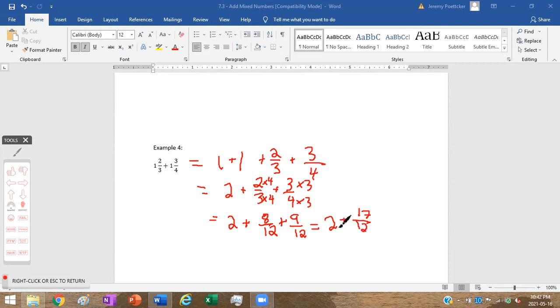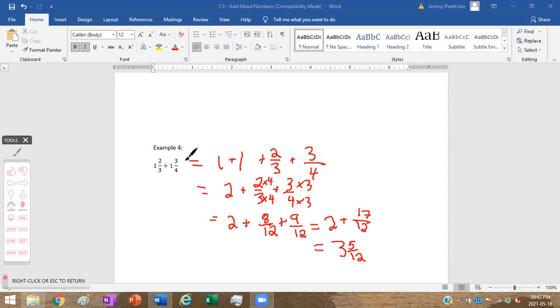We've got a whole number plus an improper fraction. So I got to go, well, okay, hold on a minute here. I can take 12/12 away from this and add that onto here. So this is going to be equal to 3 plus 5/12, so 3 and 5/12. Lovely. Now, I could also do this the improper fraction way. All right, so that's method 1.